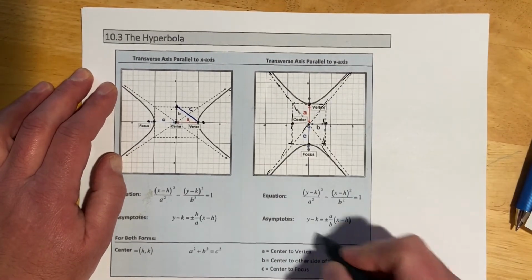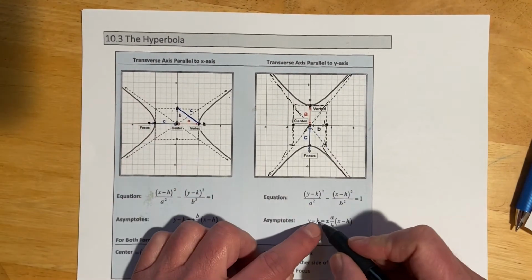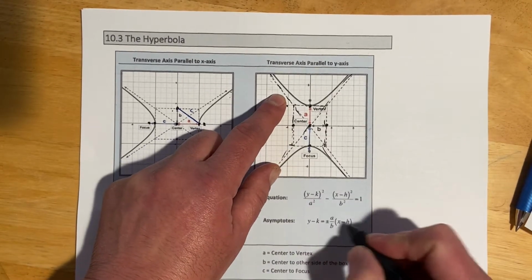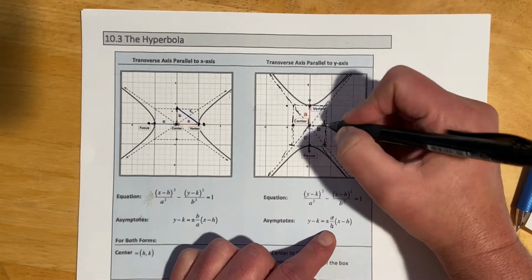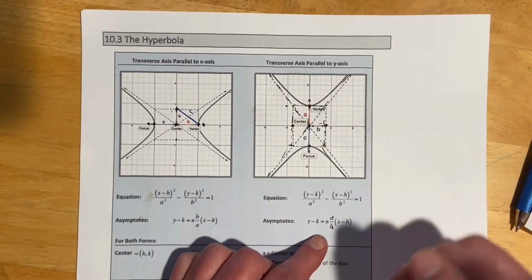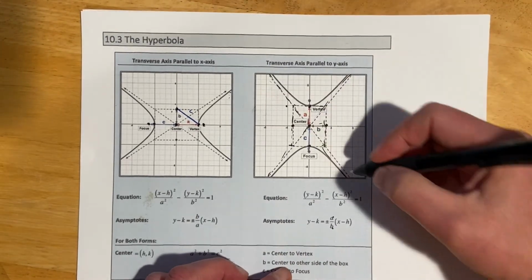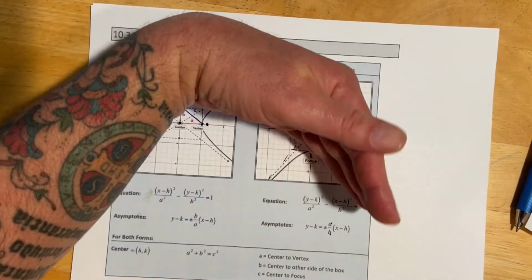The (h, k) is going to shift it. So if this point has moved over here, that's what that (h, k) shift will do. And then for a over b, if you just look, a is our rise, b is our run. So it's just plus or minus rise over run right there. We're just plugging into this asymptote formula, and that will give us the equation of those two lines. Plus or minus because we have a positive slope version and then the negative slope.